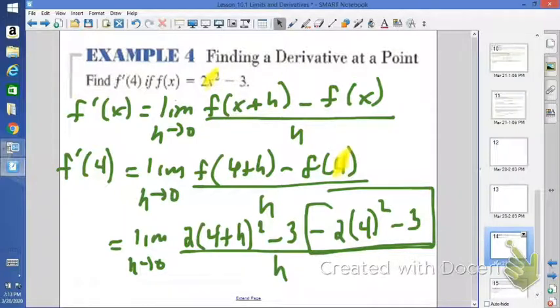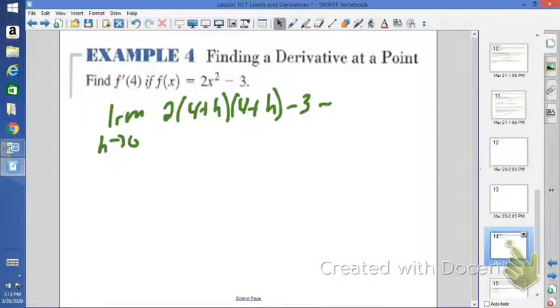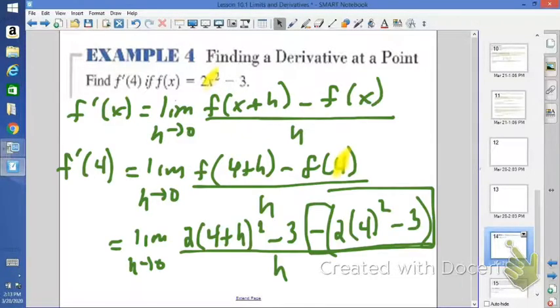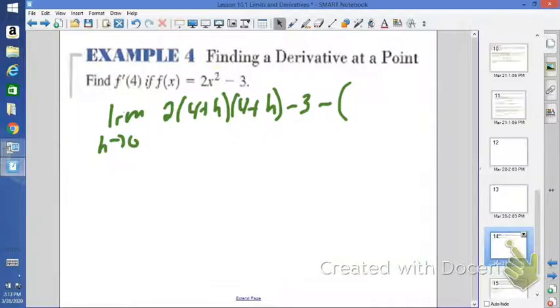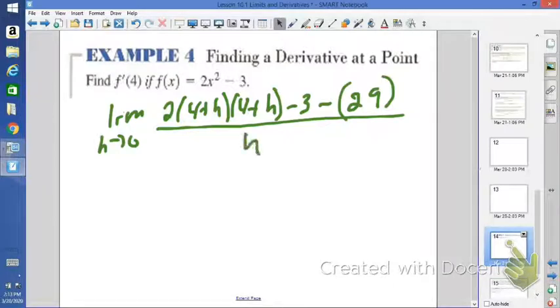Let's put this in parentheses. So minus, and then let's evaluate. 4 squared is 16, times 2 is 32, and then minus 3 is going to be 29, all over h.